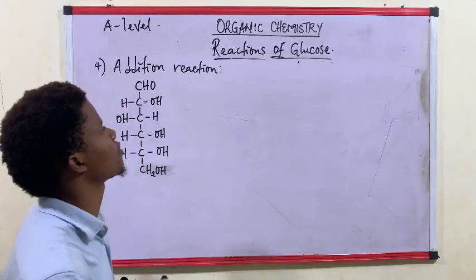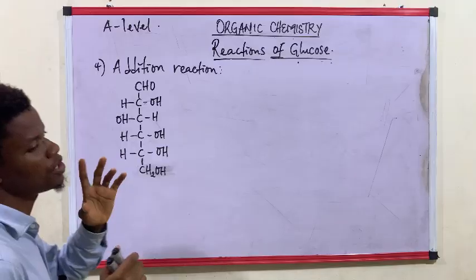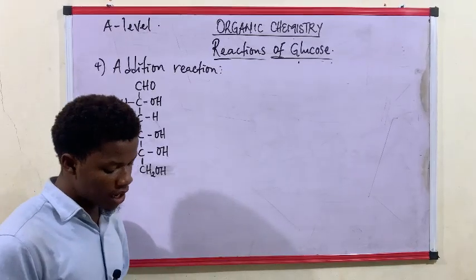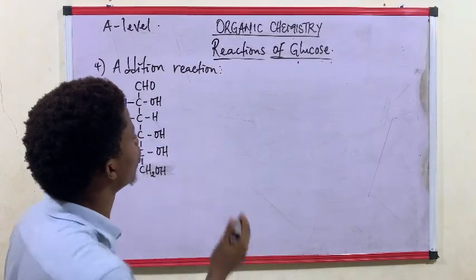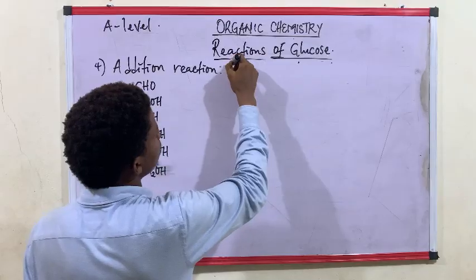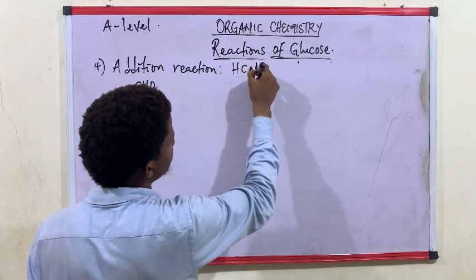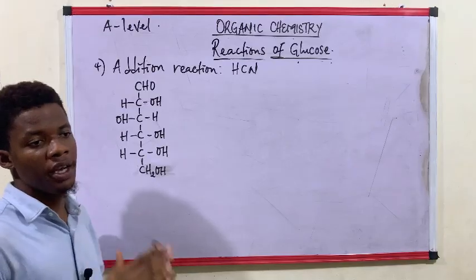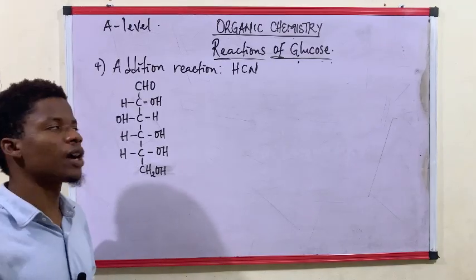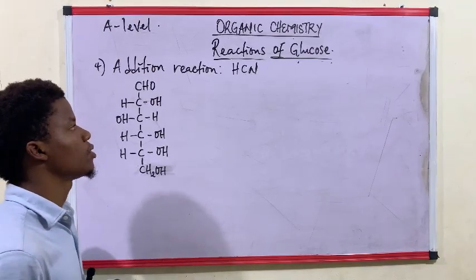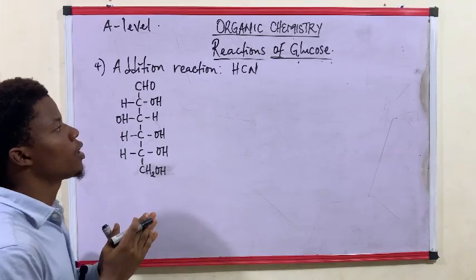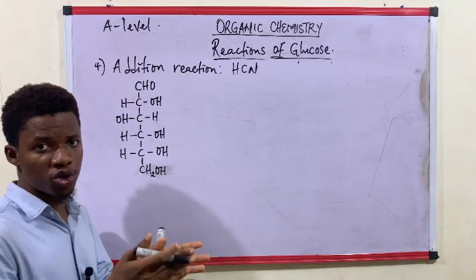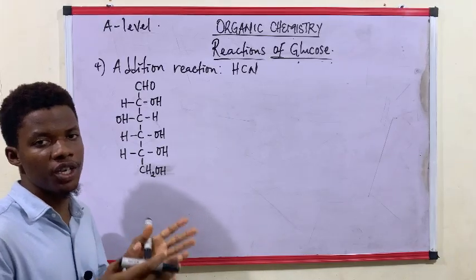Let's look at another important reaction of glucose, which is the addition reaction. Now, this addition reaction is simple. It is done with hydrogen cyanide. So hydrogen cyanide reacts with glucose in an addition reaction to give us a glucose, but of a different nature.